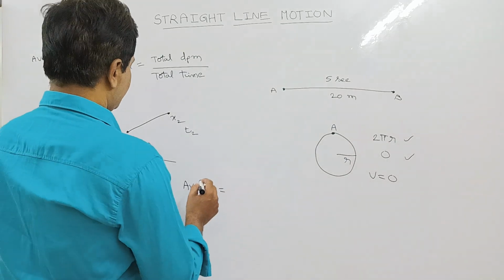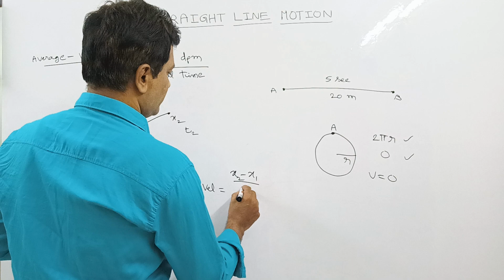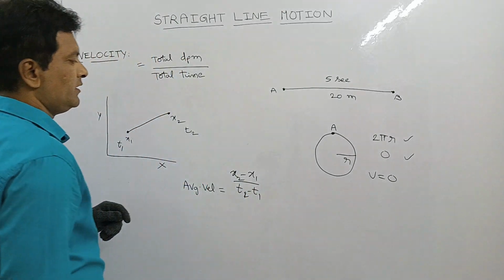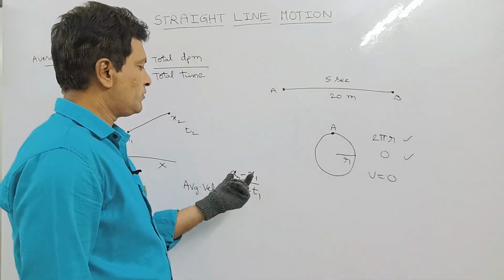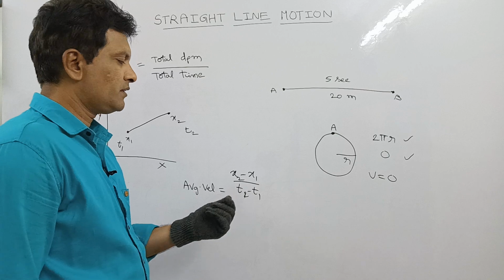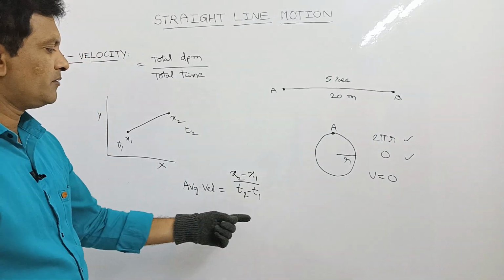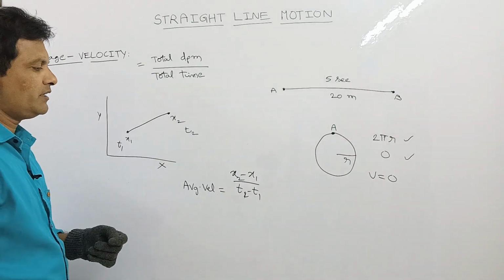In this case, we can write the average velocity as x2 minus x1 by t2 minus t1. See, the difference of position coordinates gives the change in displacement by change in time. Okay, this gives the average velocity.